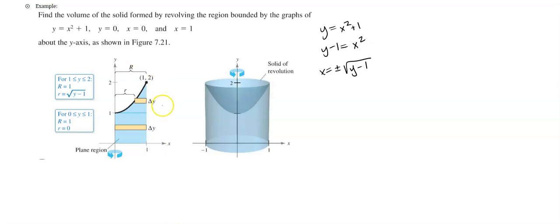So for the easy portion, for this rectangle down, r is going to be equal to 1, from 0 to 1. And for this other portion up here, the outer radius r is 1, and the inner radius is the square root of y minus 1, because if you were to measure this distance here, that's what you would get.